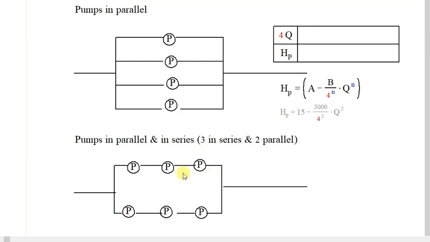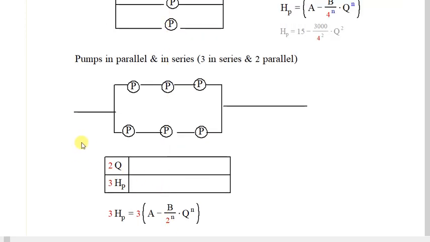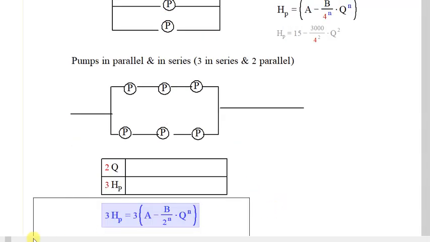Be careful when it comes to parallel. We count only this line. This line is the first line, and this is the other line, so there are 2 in parallel. And then repetitively in the same line it is series. So this is how it affects the table, and this is how it affects the equation.